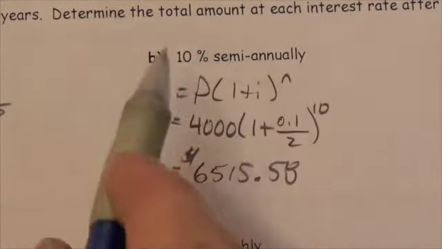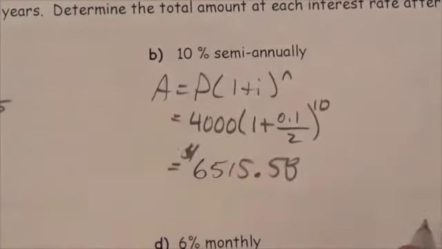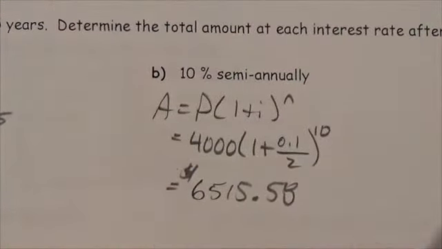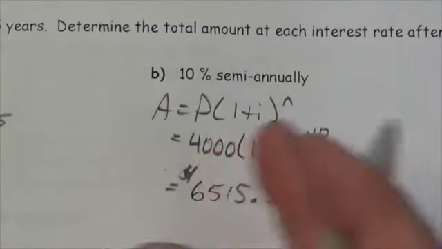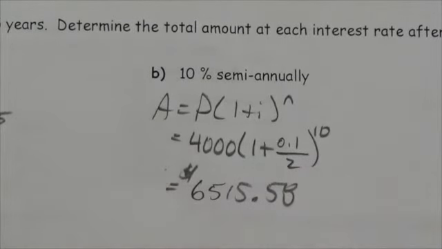Okay, now granted that's because I've got a larger interest rate, 10%, but also that compounding semi-annually means there's a little bit more money in there by the middle of the year that's earning interest towards the end of the year. So it's a little bit faster, the growth there.